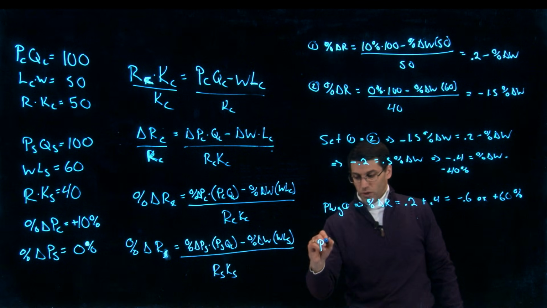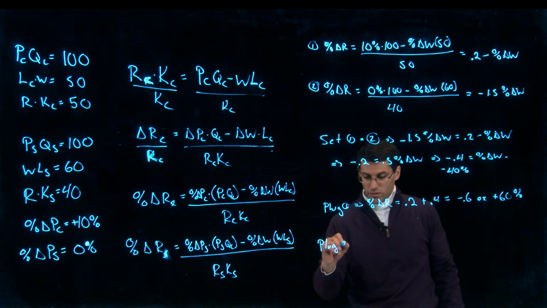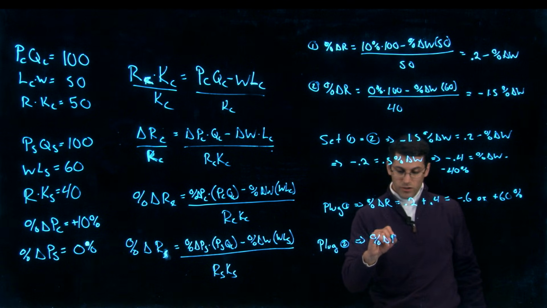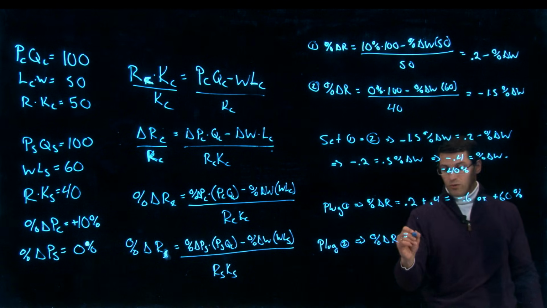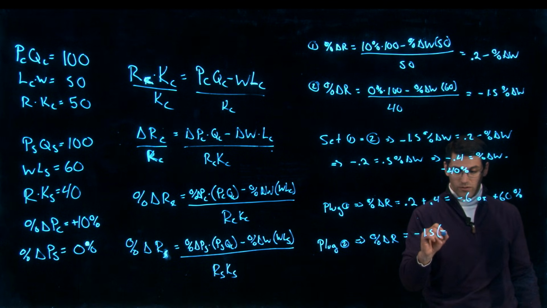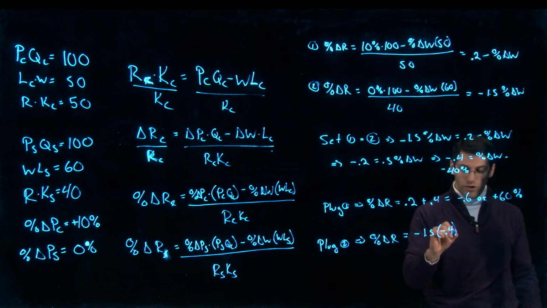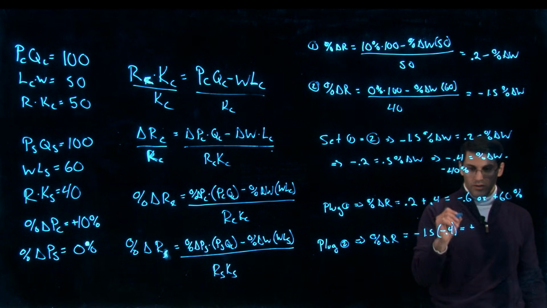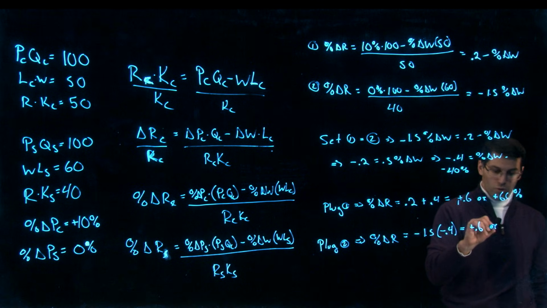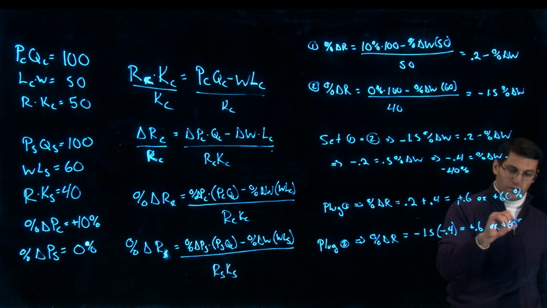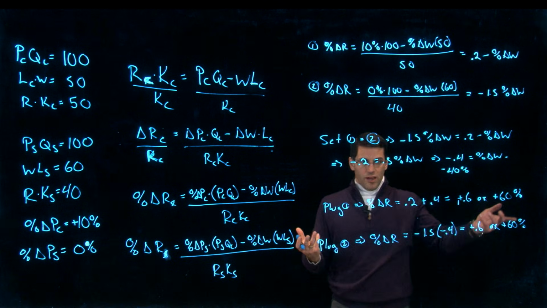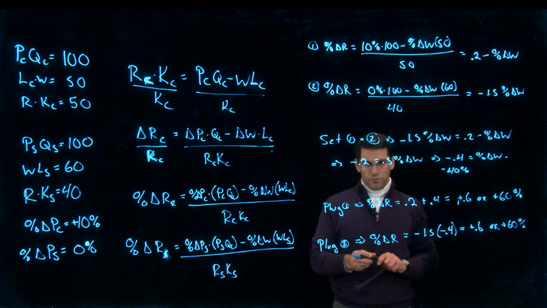Or I could plug it into equation 2 instead. I plug that into equation 2, and we see the percent change in R is equal to negative 1.5 times the negative 0.4, which once again gives us plus 0.6 or plus 60%. Right? If you did everything correctly, you should get the same answer by plugging it into either equation.